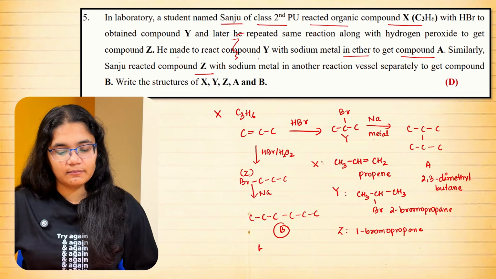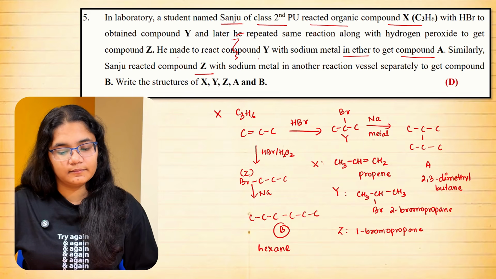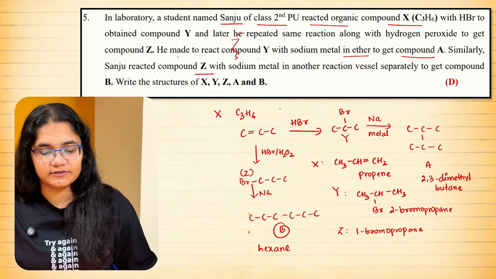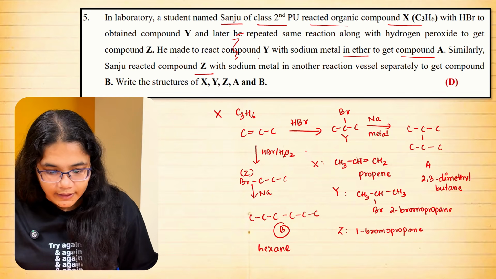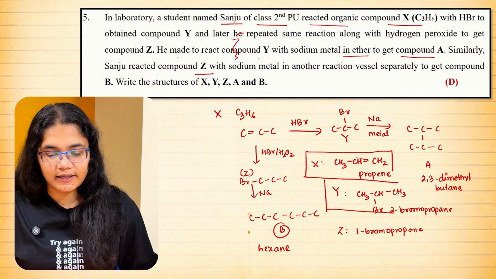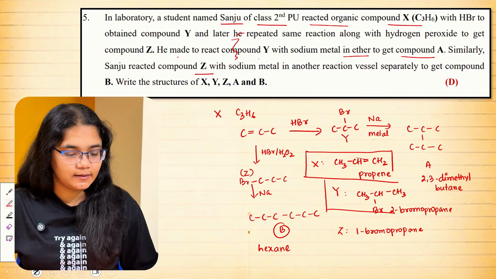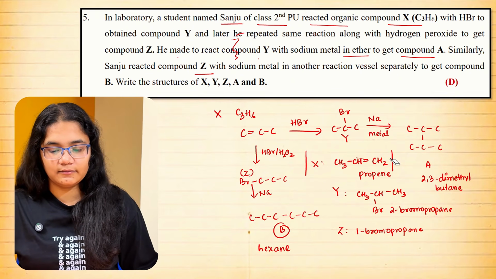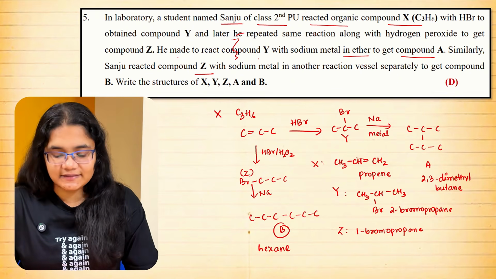And what is B? B is hexane. So we have got X, Y, Z, A and B. This is my X. This is Y. Okay, fine. So we have got X, Y, Z, A and B.